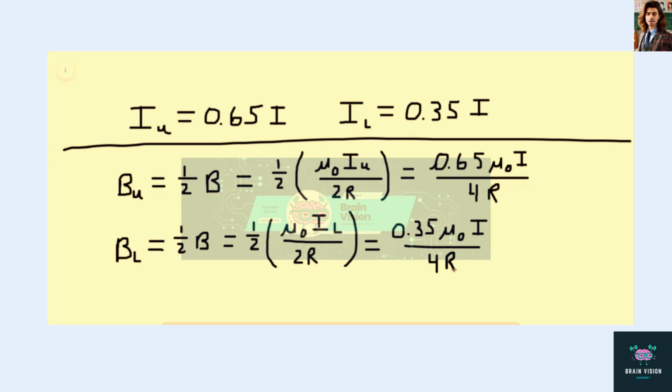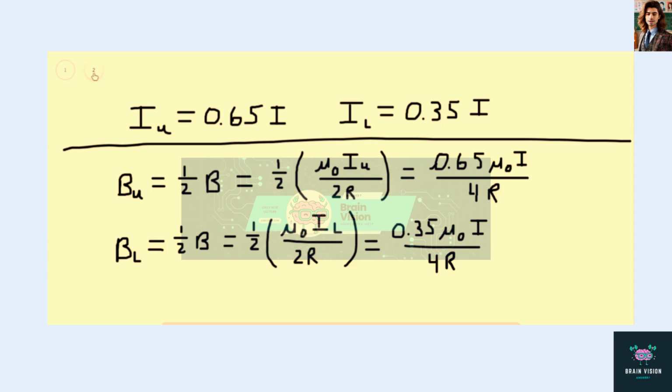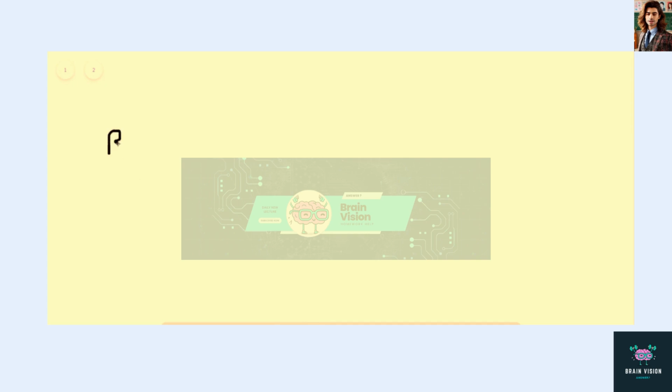Okay, so then the total magnetic field is just going to be the upper minus the lower. The reason it's minus is because these magnetic fields are working in opposite directions, right? If you curl the top or curl the bottom, they're going to be facing different directions. Again, you can use your right hand rule where you curl your fingers in the direction of the current, and you check to see which direction your thumb is pointing, and that's the direction of the magnetic field.